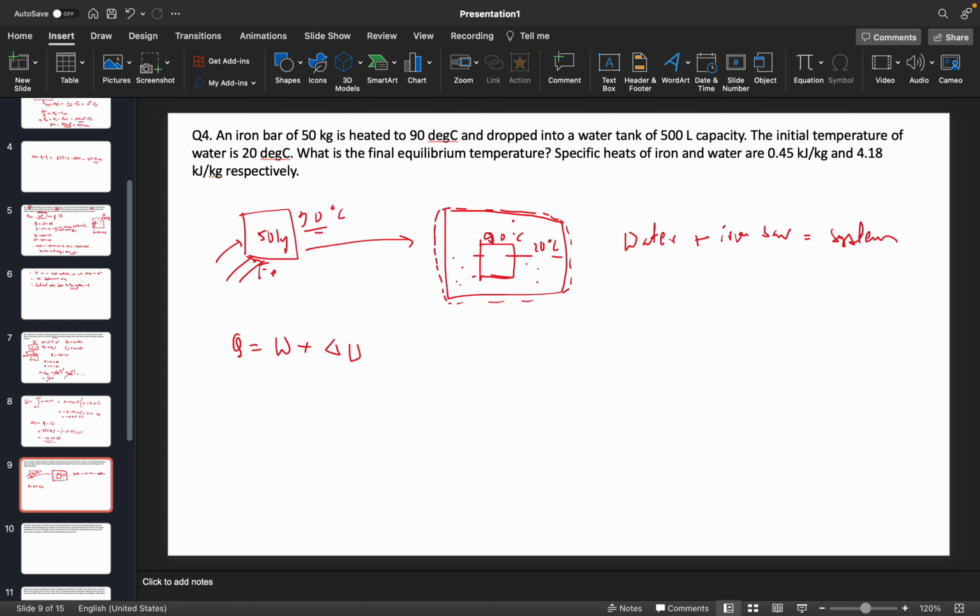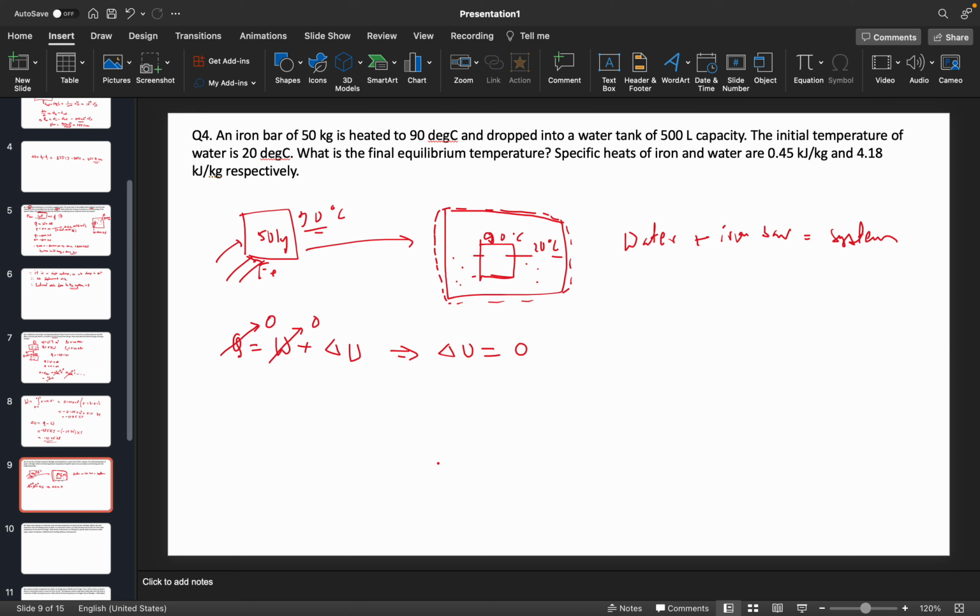Can you see any heat flowing outside this boundary or coming inside this boundary? No. So the Q exchange is equal to 0. Also there is no work done on this boundary, so the work is 0. That means the internal energy change is 0. That is the expression, and this will lead us to the final equilibrium temperature.